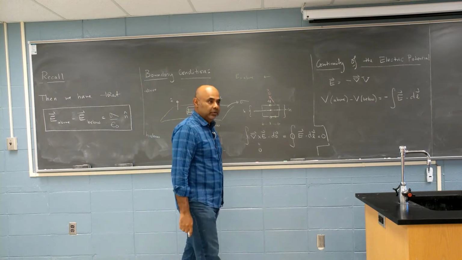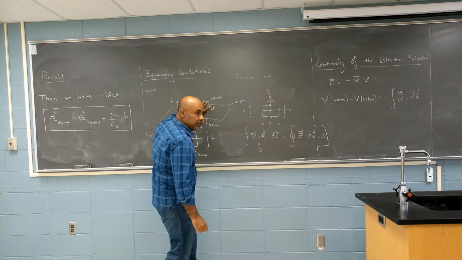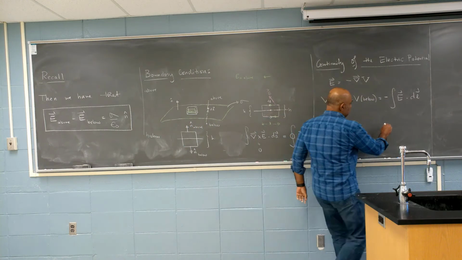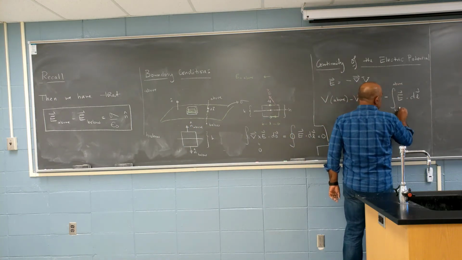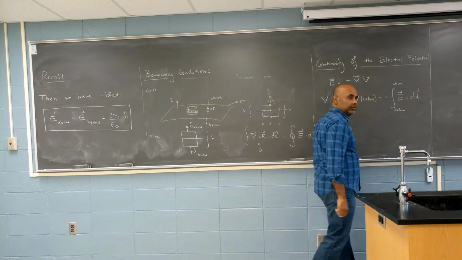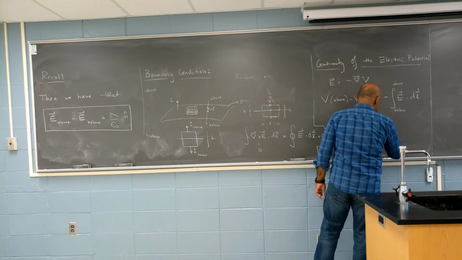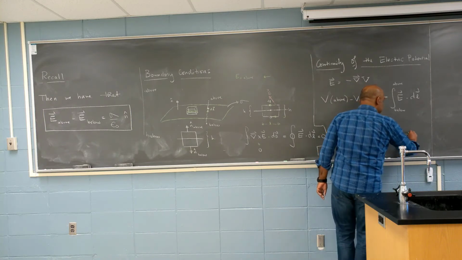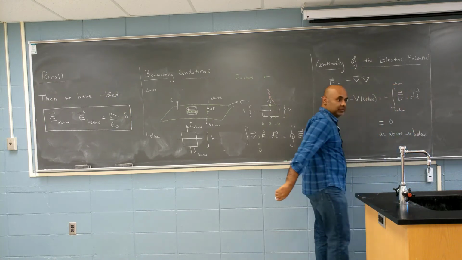Now what am I going to do? Let these two points come over here. In that case, that is equal to 0 as above approaches below.